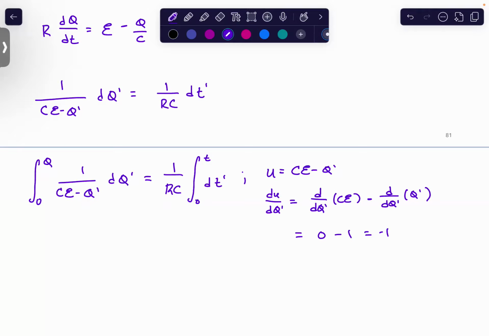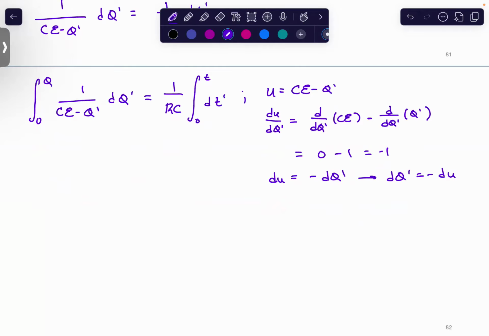So that means that E U is going to equal, okay, so that means now this will be a negative du, and then again, this we can leave the way it is, RC.